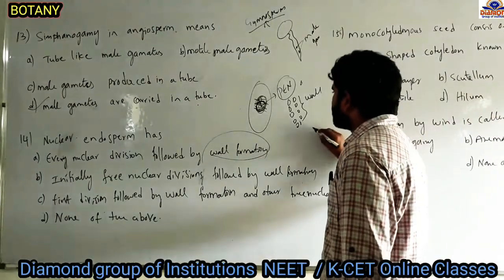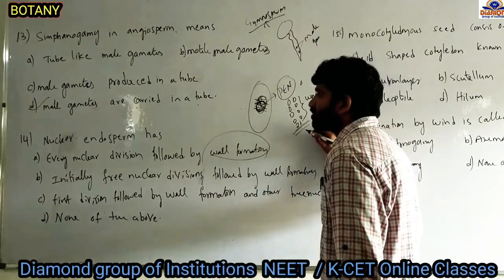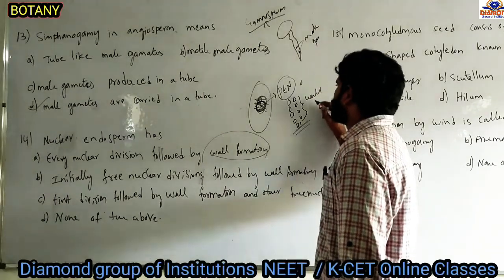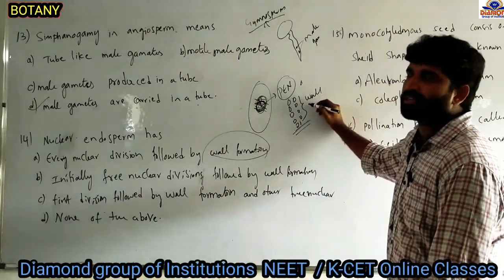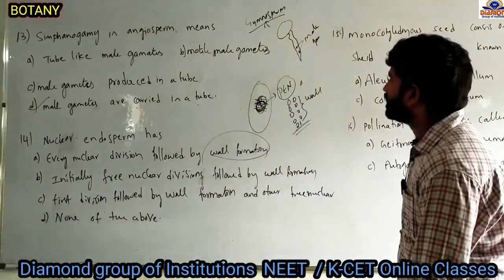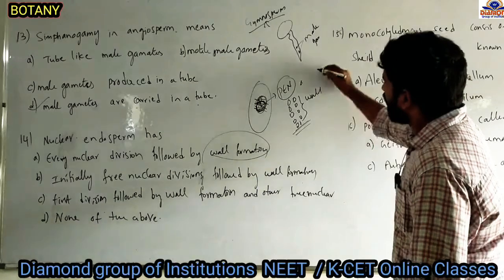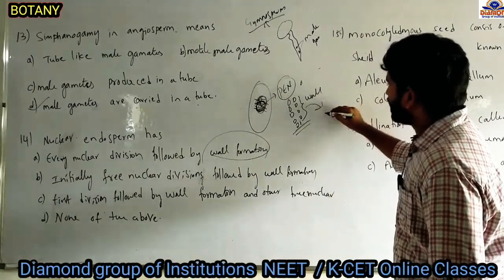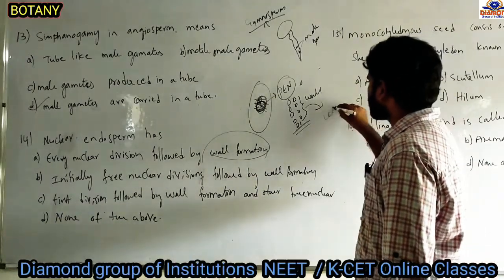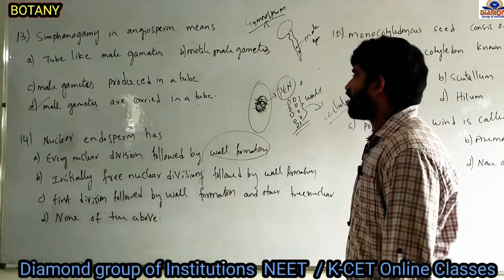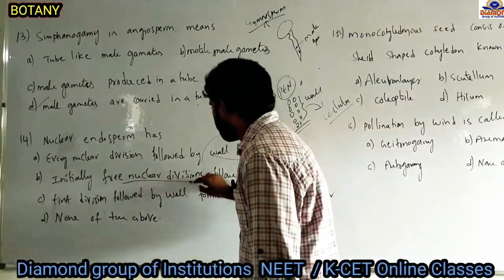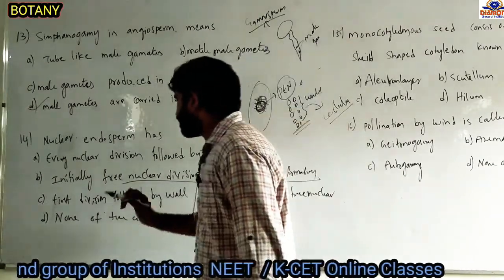Here it is also called free nuclear endosperm. Firstly, karyokinesis takes place, many nuclei are formed, and a multinucleate condition occurs. After that, the nuclear endosperm is converted into cellular endosperm, as in coconut, by wall formation. So initially free nuclear divisions followed by wall formation.